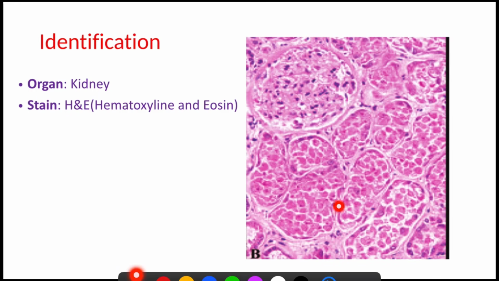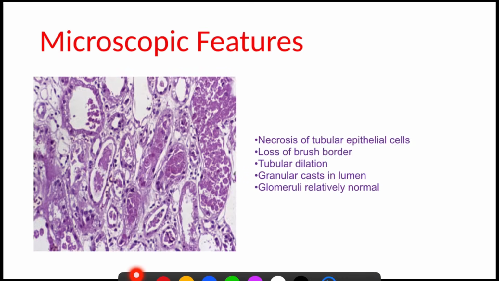And here these are the tubular casts, where all the tubular epithelial cells are necrosed and collected into the lumen of the tubule. So these are the tubular casts, which are nothing but the necrotic tubular epithelial cells with loss of nuclei, and only the pink cytoplasmic material is visible.